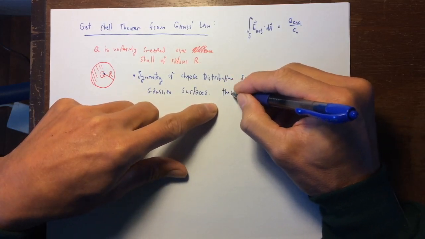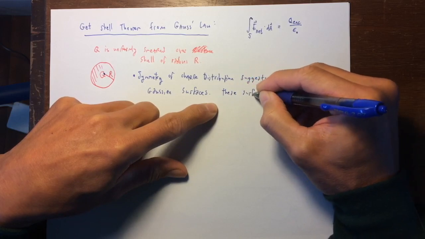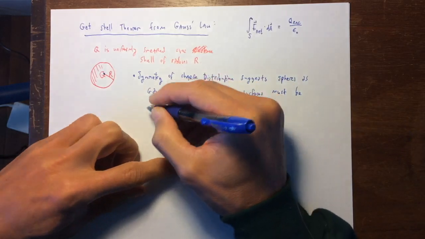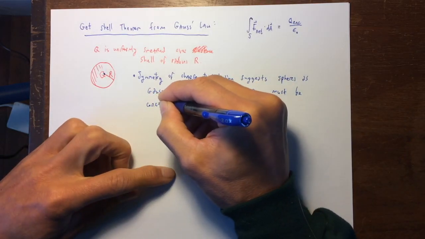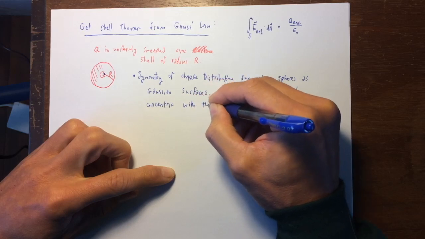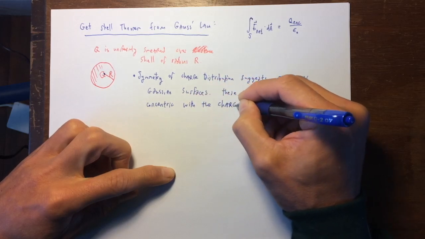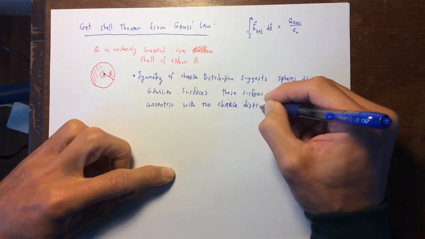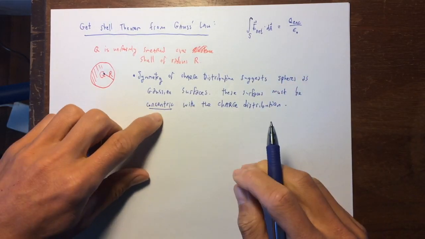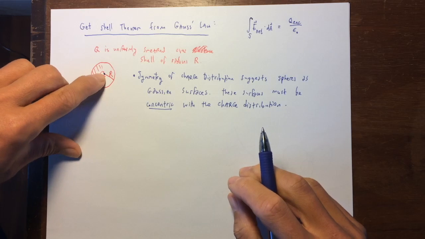And these surfaces must be concentric with the charge distribution. And concentric just means that they're all going to share the same center.